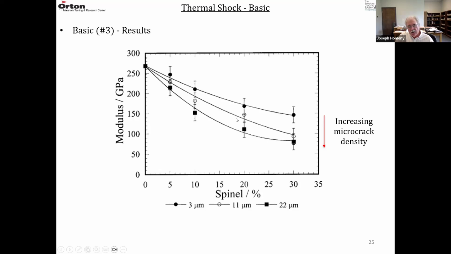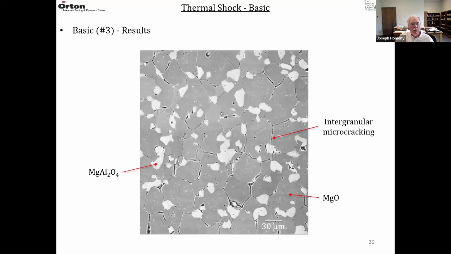The modulus decreases with higher spinel content, and it also decreases with larger spinel size. And again, either way, higher spinel content or coarser spinel increases the microcrack density. So this is what the microstructure looks like. You can see the gray crystals are MgO.